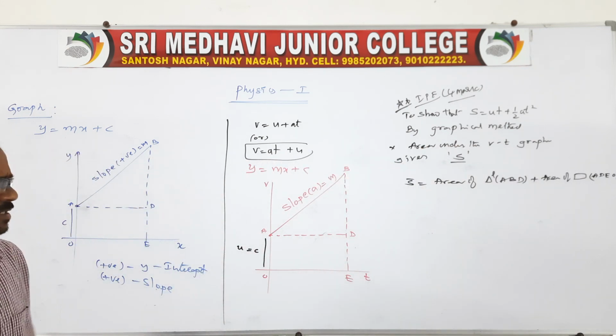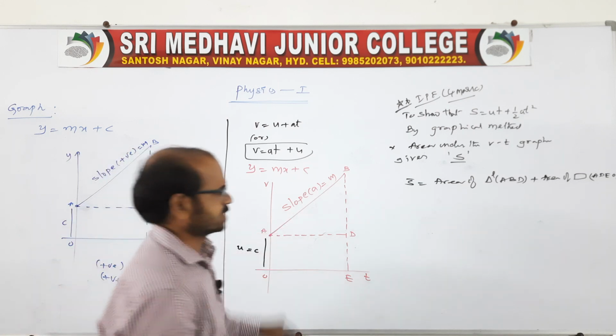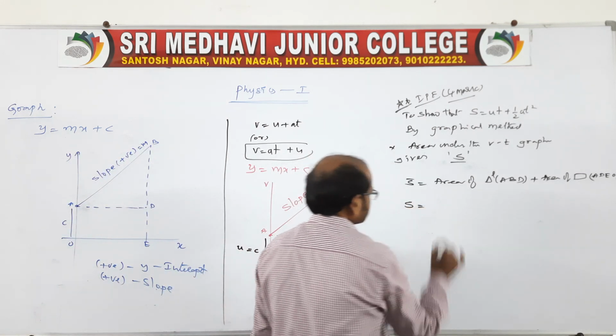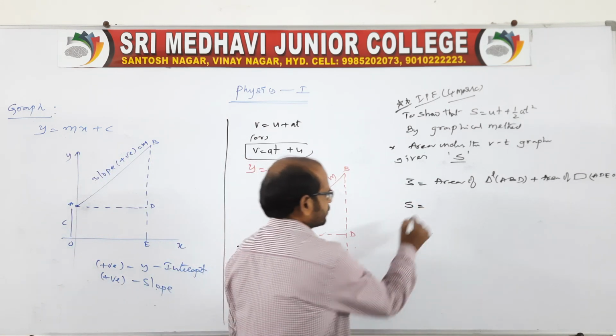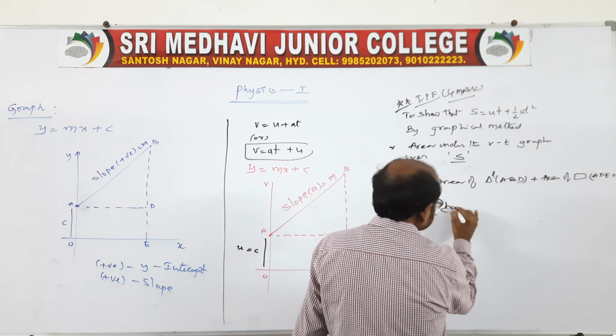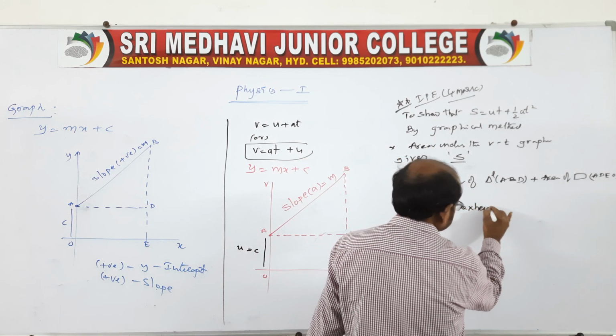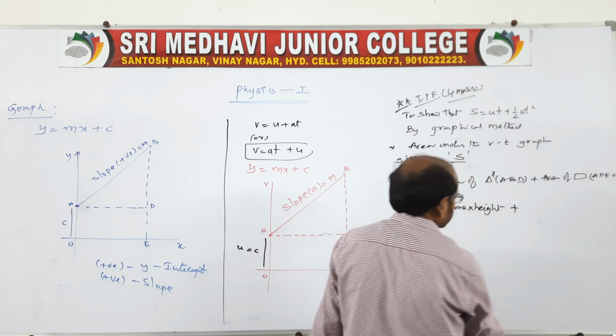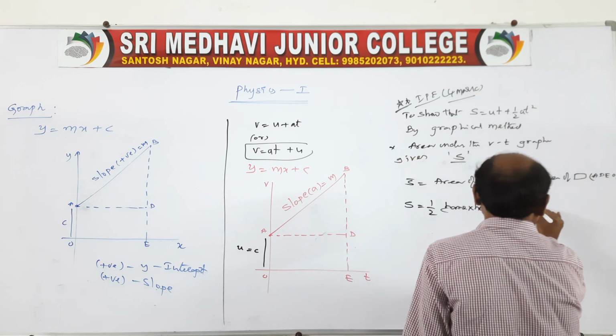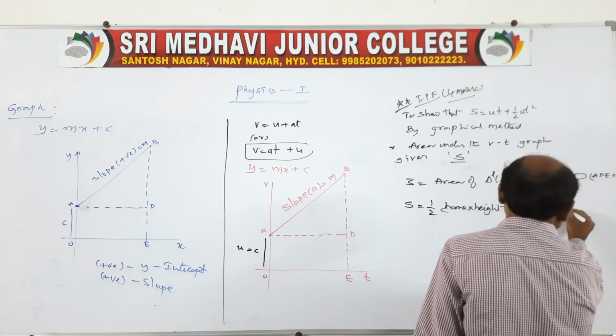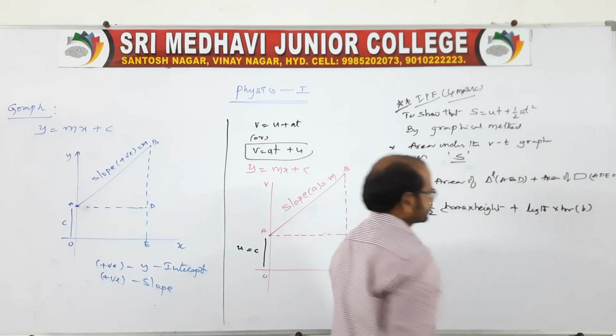And we know the area of a triangle, so you take S is equal to, area of a triangle is usually half into base into height, right? And here plus the area of a rectangle is nothing but length into breadth.